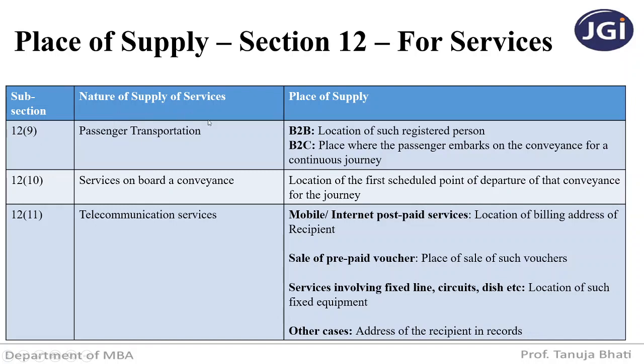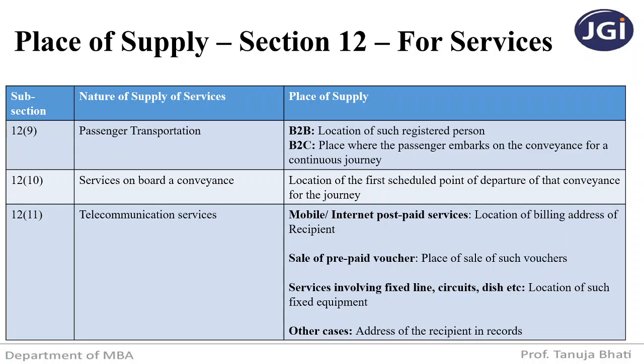If the nature of supply of services is passenger transportation, place of supply in case of B2B will be the location of such registered person. B2B means where the supplier also is registered, where the recipient also is registered, and location of such registered person means the location of the registered recipient.